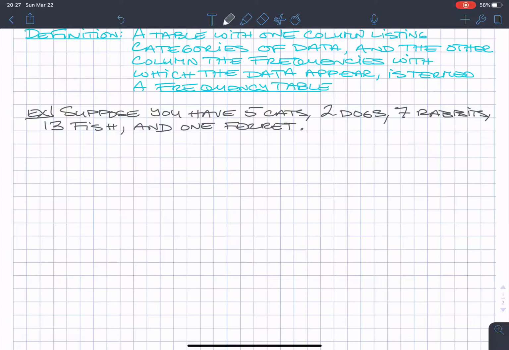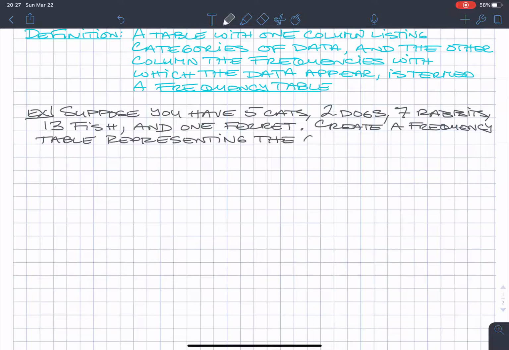So create a frequency table representing the categories and frequencies of each animal.